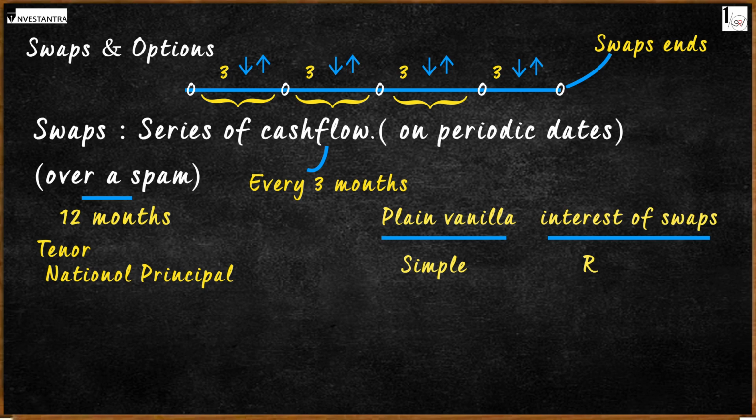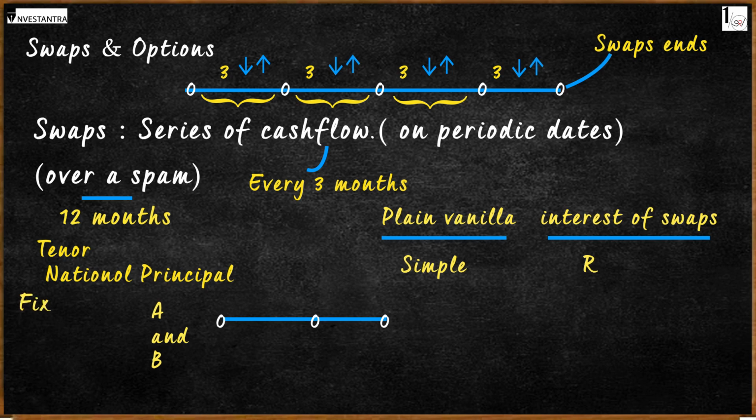So what this swap means is this. We'll just draw a 2-period timeline to make it simple. So there's plain vanilla and interest rate swap. You have party A and B. A will be a fixed rate payer.